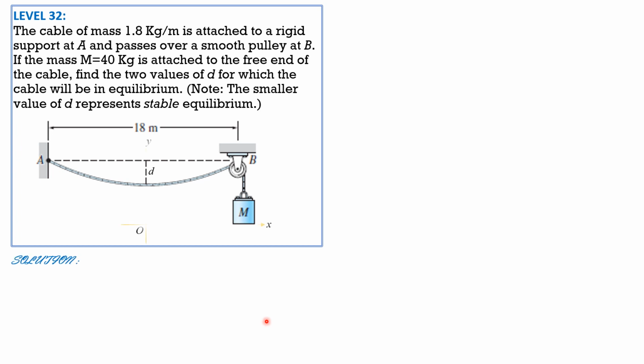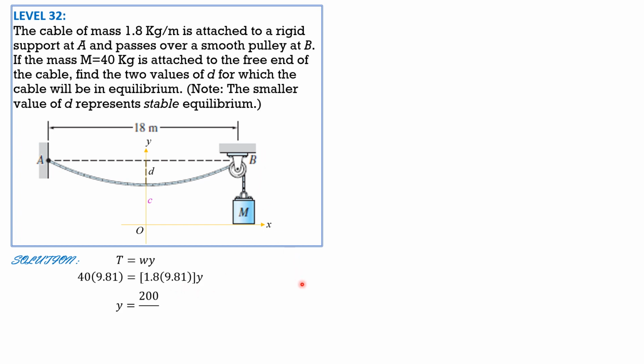So let's superimpose the origin, the X and the Y axis so that this is clear, C. So tension equals W times Y, and the tension is capital M, 40 times 9.81, equals W, which is 1.8 times 9.81 times Y, or YB.